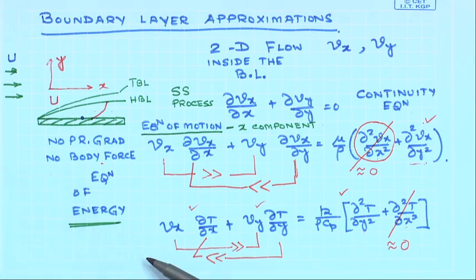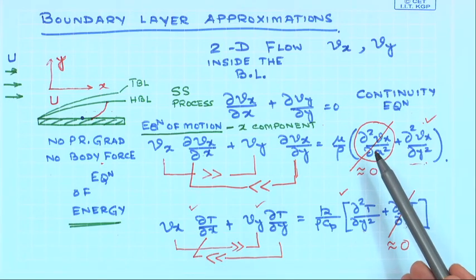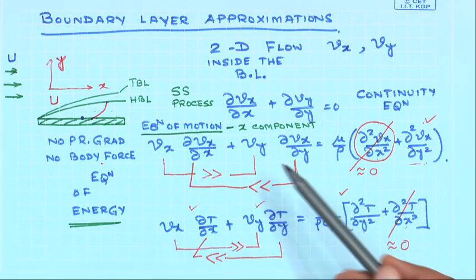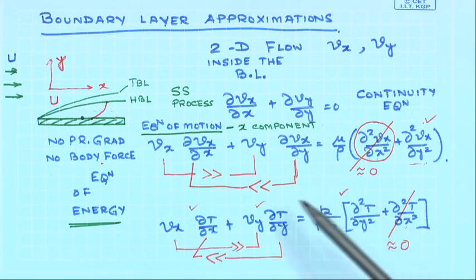I have also written the equation of energy, and here we did not consider the viscous dissipation, nor did we consider any amount of heat which is generated inside the system. And then we have neglected the terms, we have understood how I can drop these two terms, and therefore I have the reduced form of the equations which dictate the energy transfer and momentum transfer inside the boundary layer.